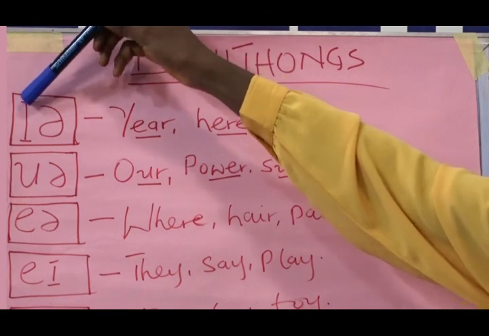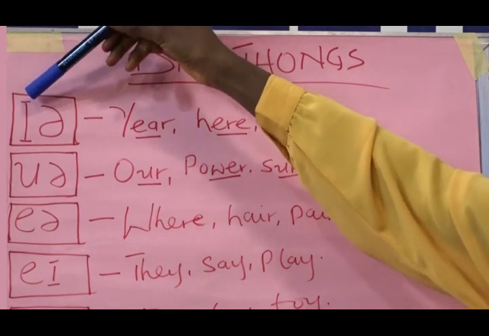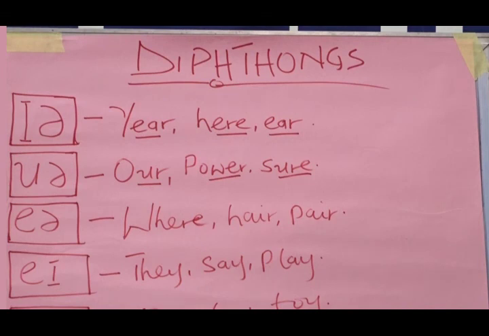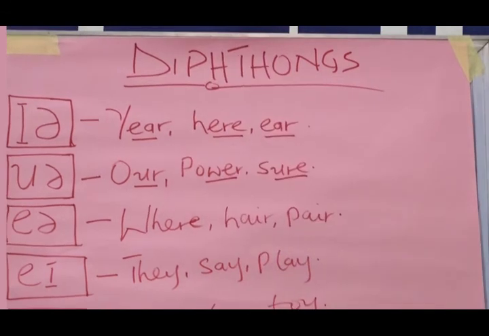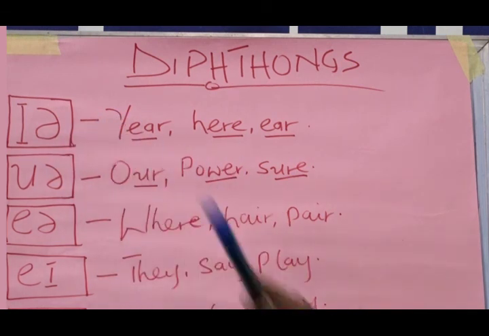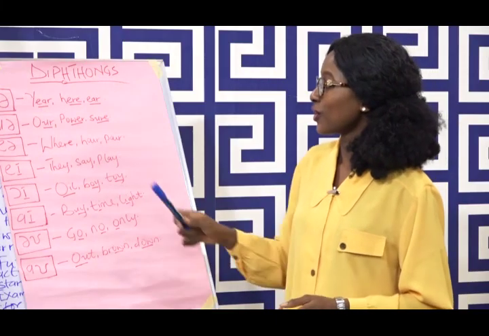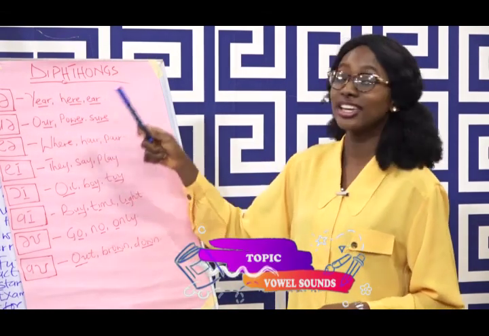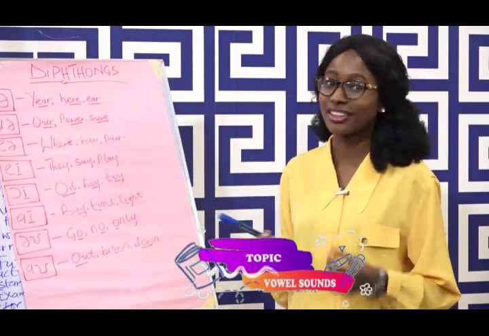And because this sound is the short E, but for the sake of the diphthongs, it is between the long and the short E. It's longer than the short E. So the sound is ear. So we have it in year, here, and ear, like our ear.